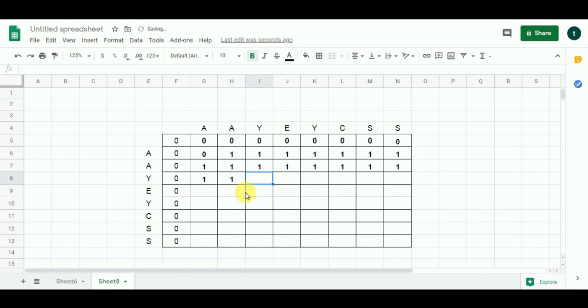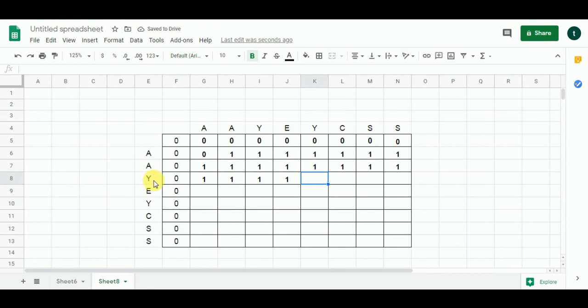Now over here, Y matches with Y, but their indexes also match. So this defies my condition. So what happens? We are again going to choose the maximum value out of these two cells and put 1 over here. Okay. Now let's match this Y with this E. Doesn't match, so I'm going to get 1 here as the answer.